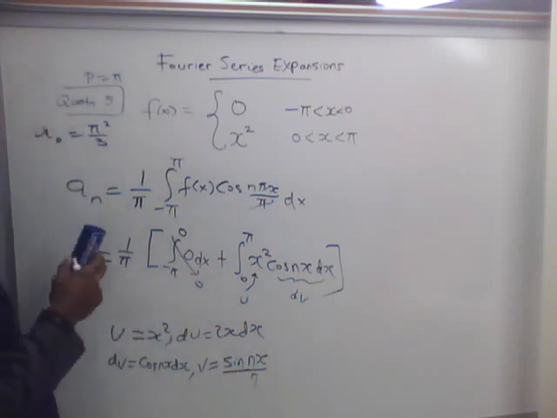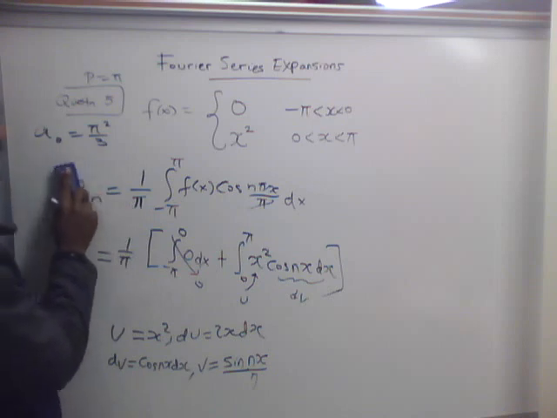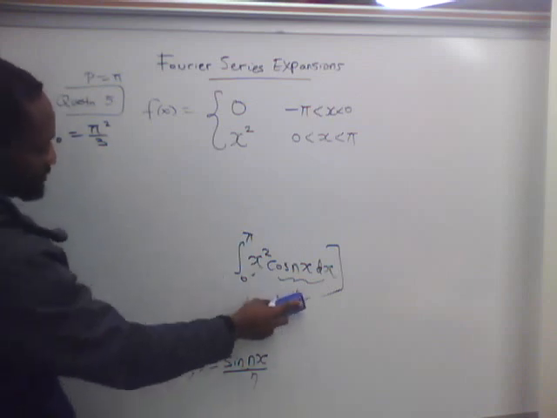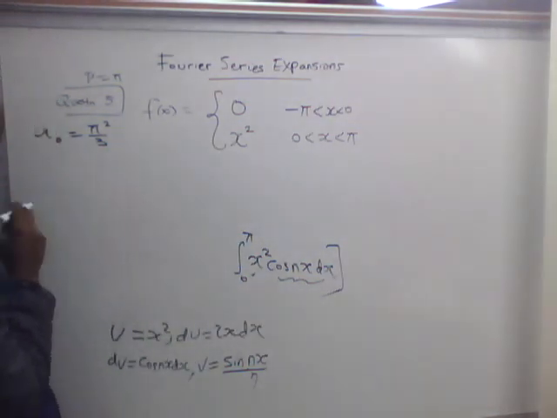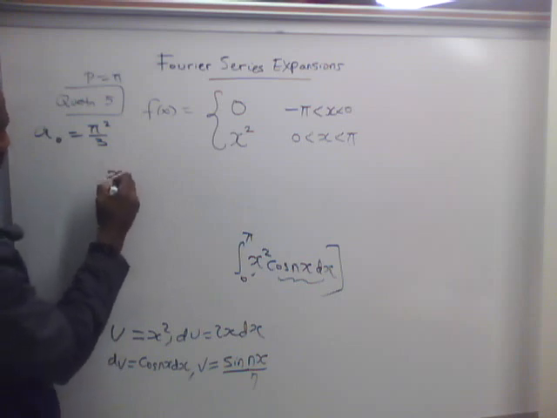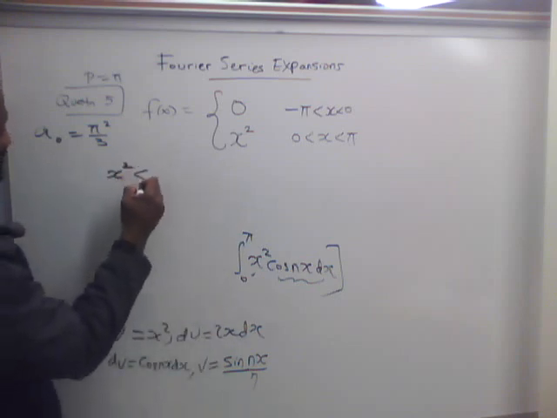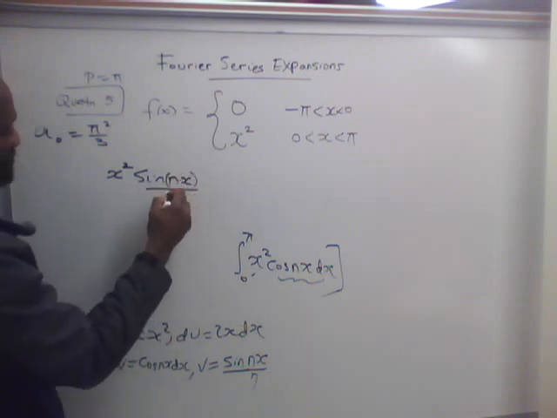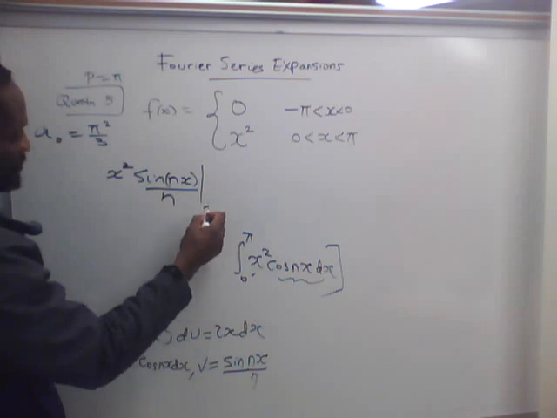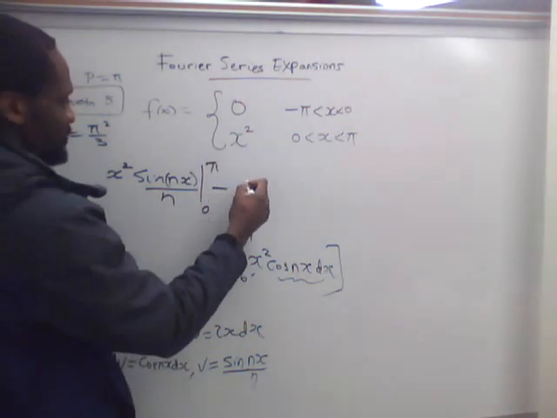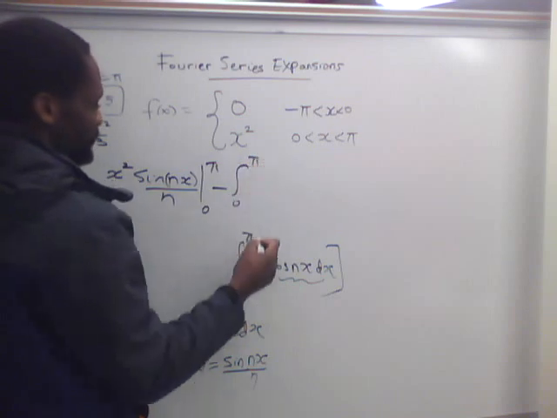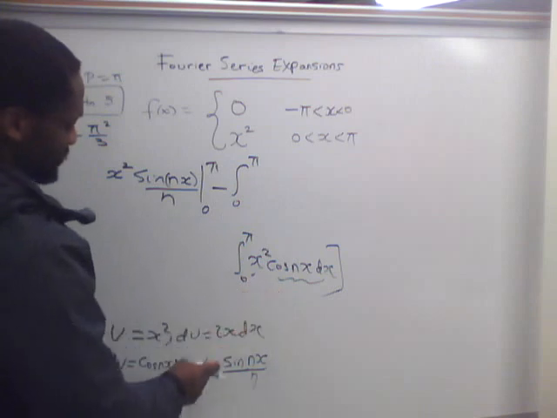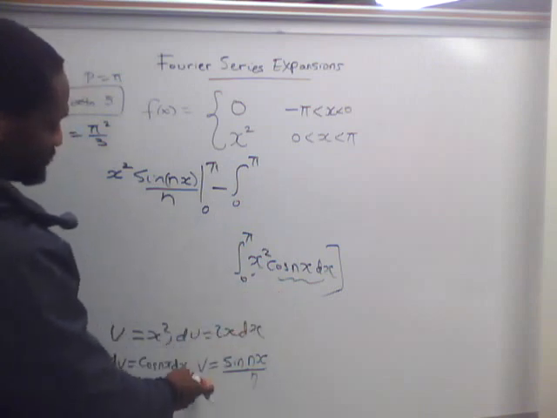Okay, so using that substitution, I can determine this integral as x squared times that going from 0 to pi, minus this integral, v du, right?